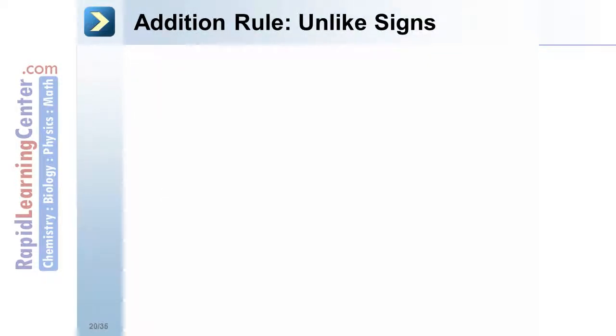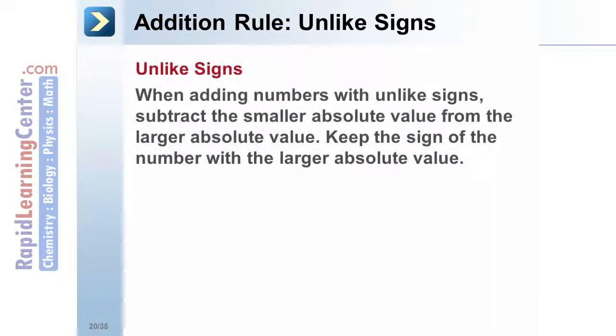Addition rule. Unlike signs. When adding numbers with unlike signs, subtract the smaller absolute value from the larger absolute value. Keep the sign of the number with the larger absolute value.